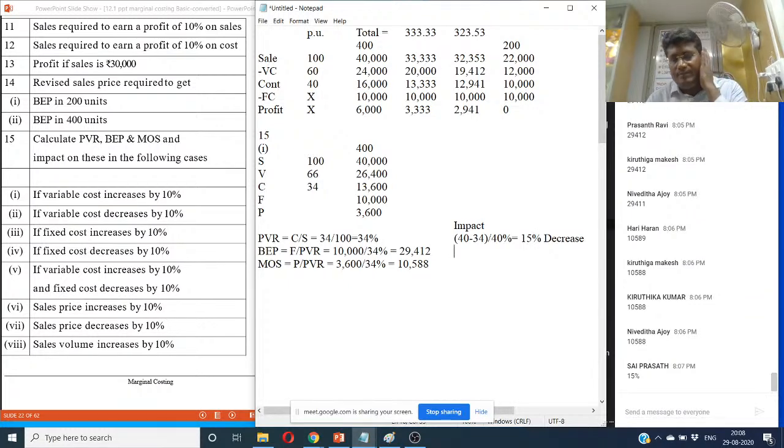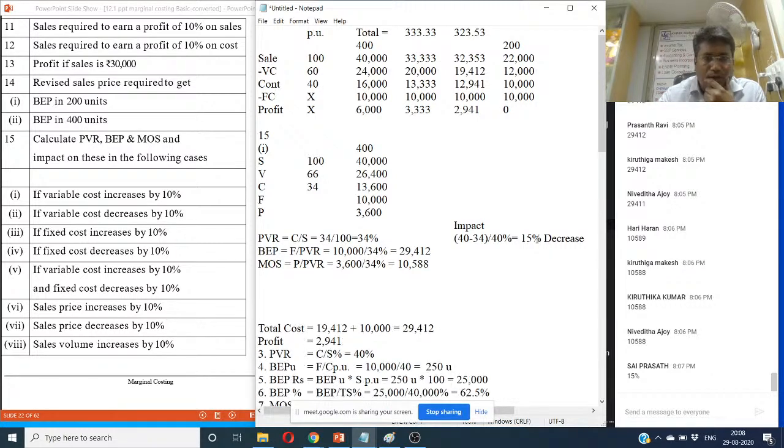Similarly, BEP. What is the original BEP? The original BEP being 25,000. The current BEP is 29,412. So 29,412 minus 25,000, from the base being 25,000. You represent that in terms of percentage.